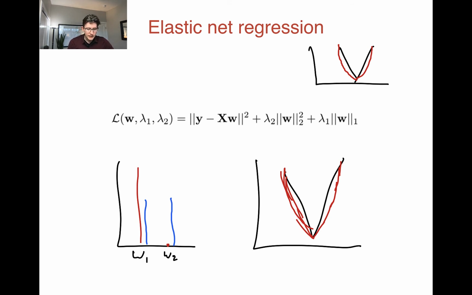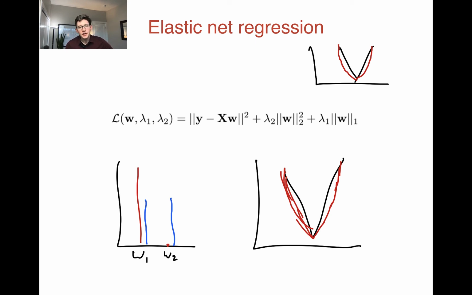Again, elastic net is just this combination of the L2 and the L1 regularization, and it's very often a good thing to do. I would say that in most problems, it's useful to have some form of regularization. If you're interested in feature selection, you want at least part of that regularization to be L1 regularization.